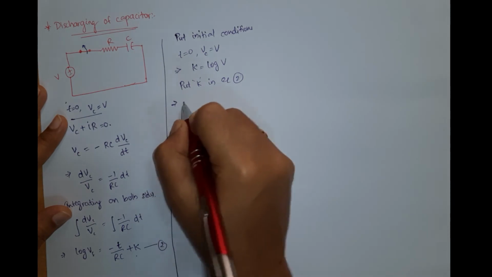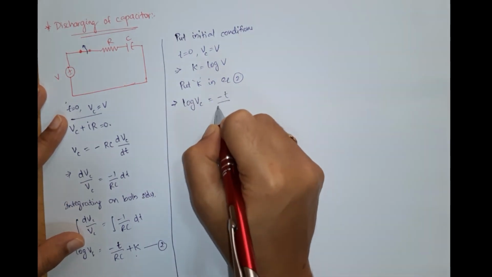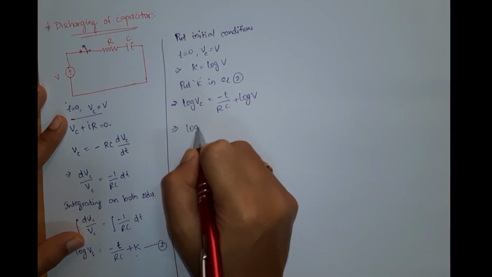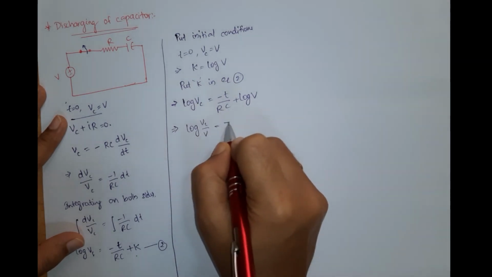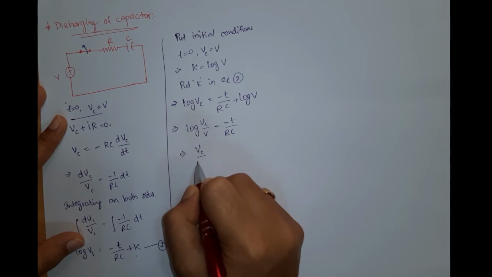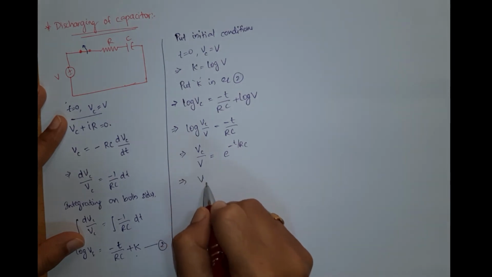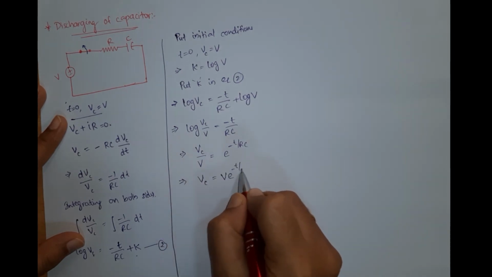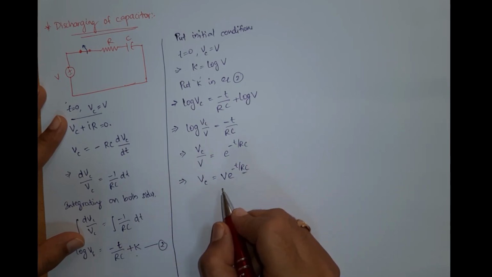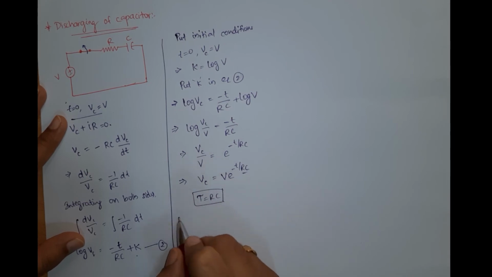You will get log Vc equals minus t by RC plus log V. Rearranging, we get log Vc by V equals minus t by RC, which implies Vc by V equals e power minus t by RC, so Vc equals V into e power minus t by RC. RC I have taken as tau. Tau equals RC, the time constant, right?